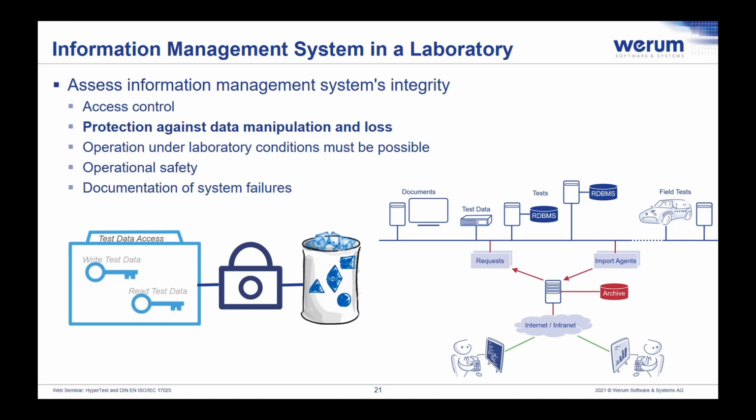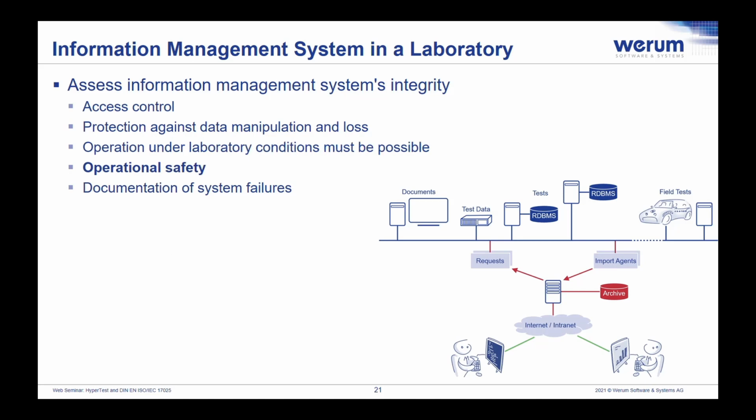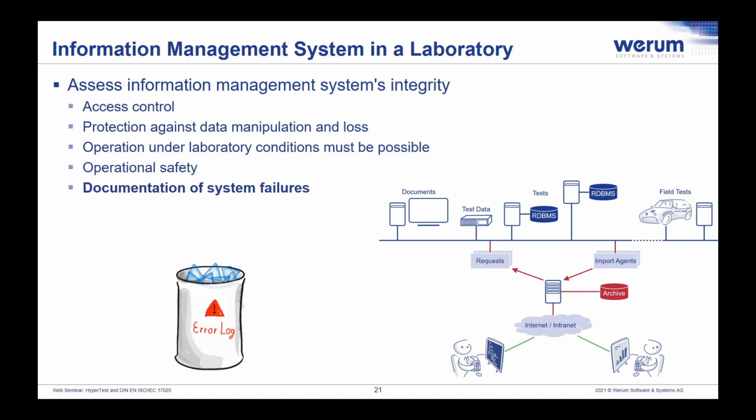Suitable archiving concepts protect them against loss. As HyperTest runs as web client, it can easily be employed under laboratory conditions. It provides internal monitoring functions that ensure operation safety. And an error log automatically documents system failures and states.